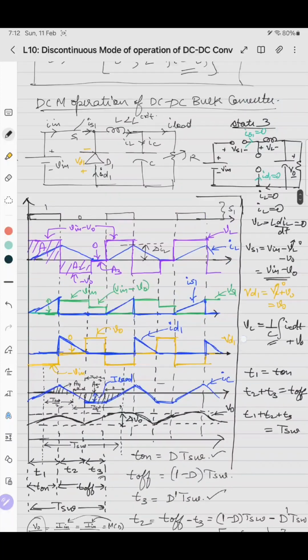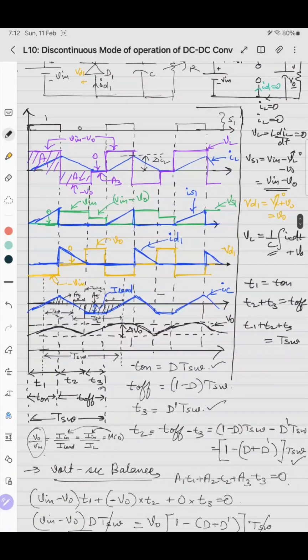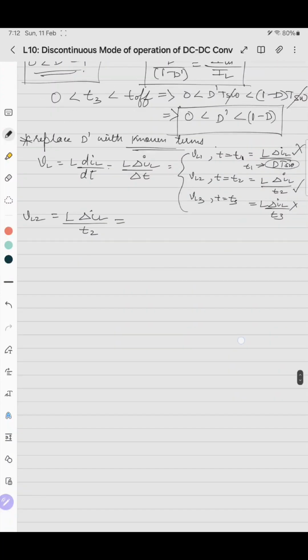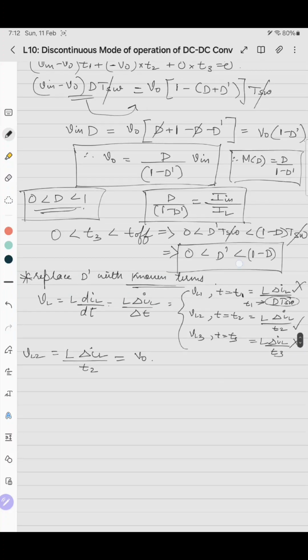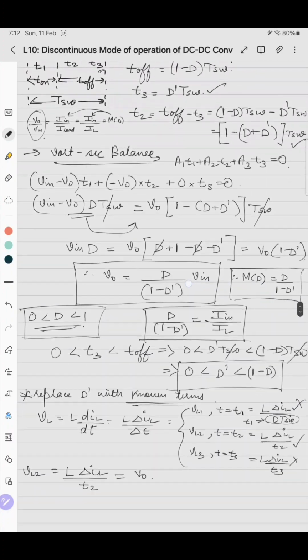What is VL2? VL2 is minus V0, so here we'll take the mod of it, which is V0. We'll replace T2 with its value in this expression.